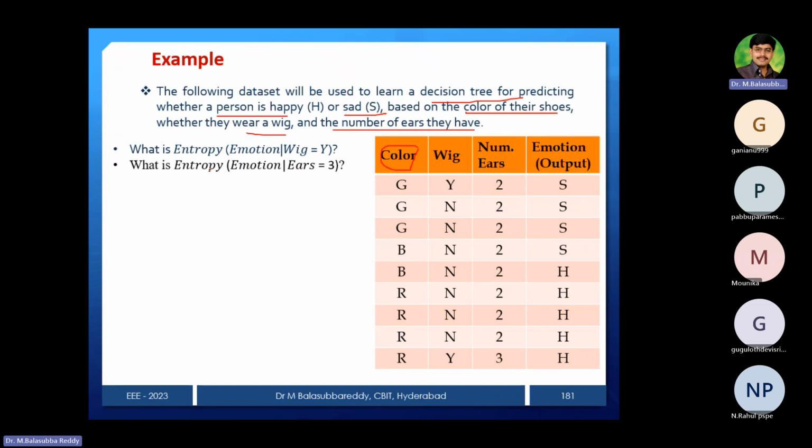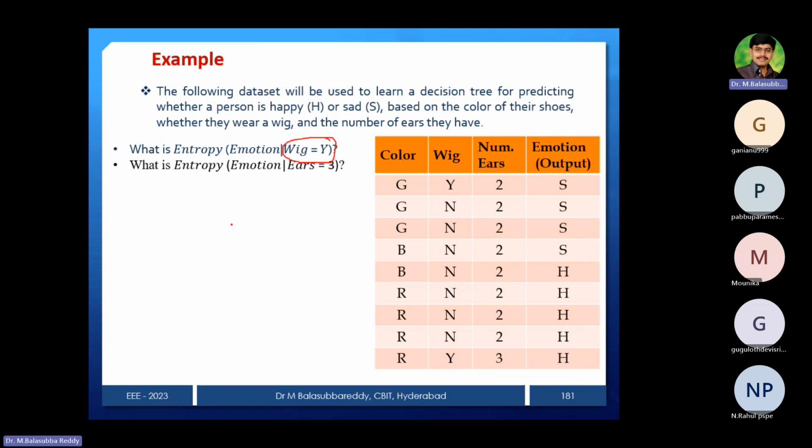Now, what is our question here? What is the entropy of emotion with wing is yes, and emotion with ears are 3? We need to find the entropy of emotion where wing is yes.